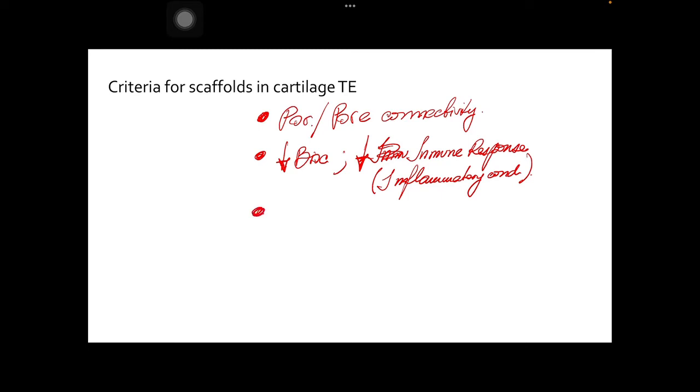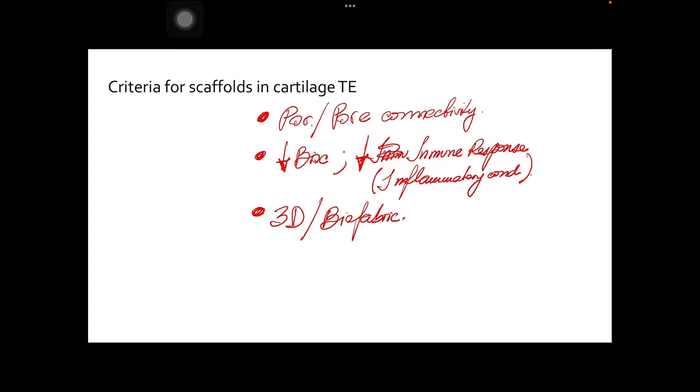Whatever scaffold you make has to be tailored or fabricated. So all these three-dimensional or biofabrication strategies have to be used to create a complex tissue.